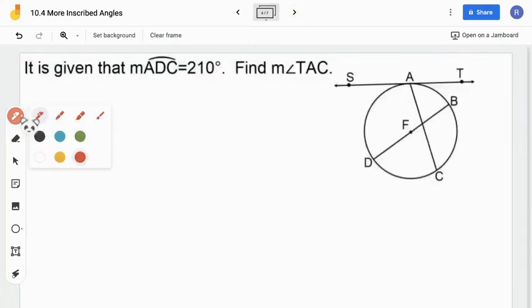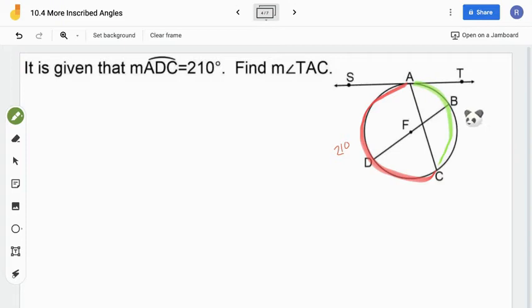So we are told here that ADC, this part around here, is going to be 210. I want you to first realize that if we know that, then we also know that this part over here must be 150, right?